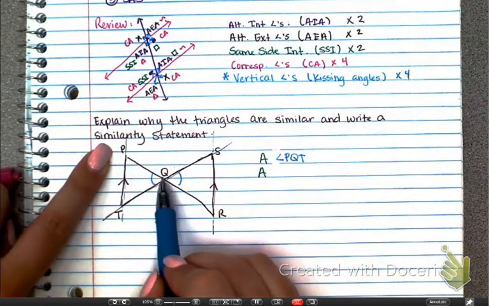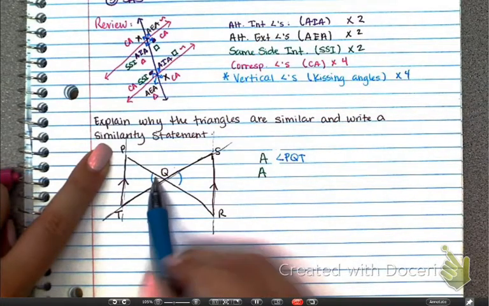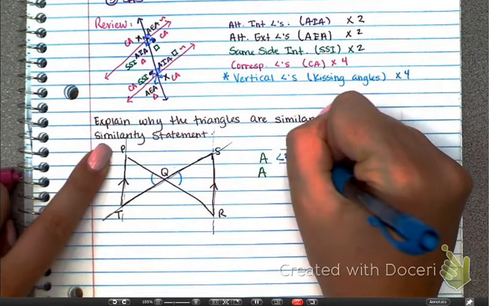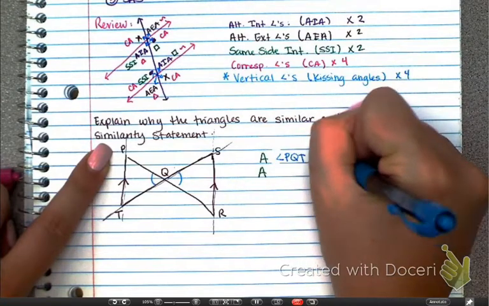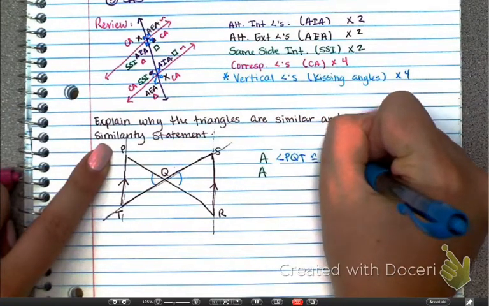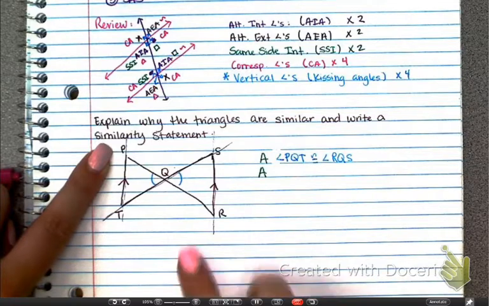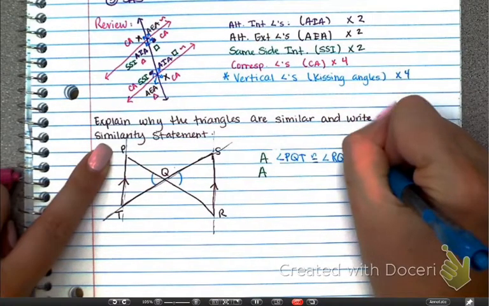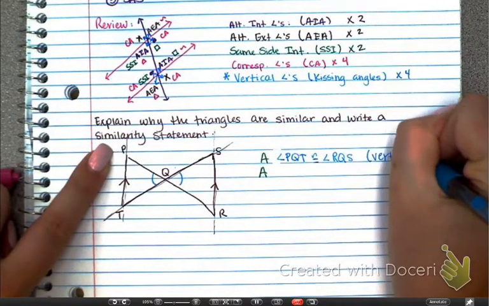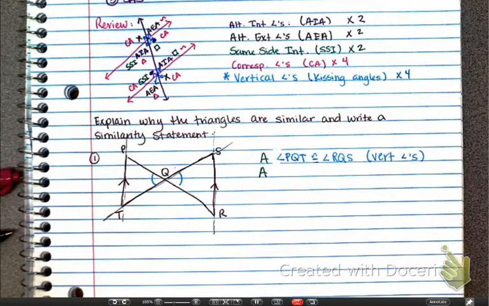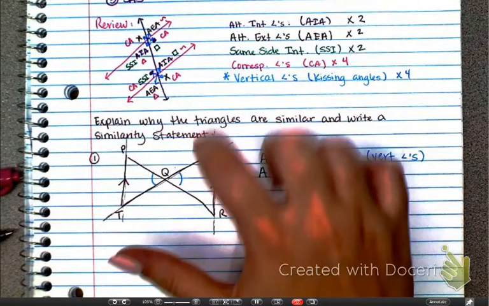So PQT tells me it's this side. That's going to be congruent to angle RQS. RQS. And we know those are congruent because they're vertical angles. Any other angles congruent based off the information from above?